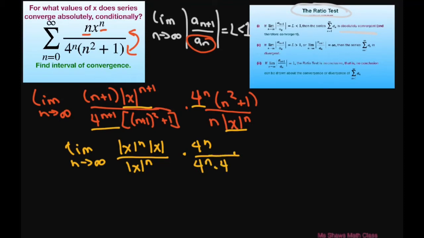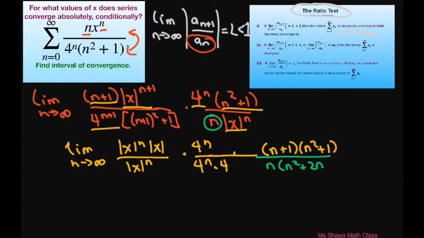And then you multiply these two, so that's going to be times n plus 1 times n squared plus 1. And in the denominator, we're going to get n times n squared plus 2n plus 1 plus 1.